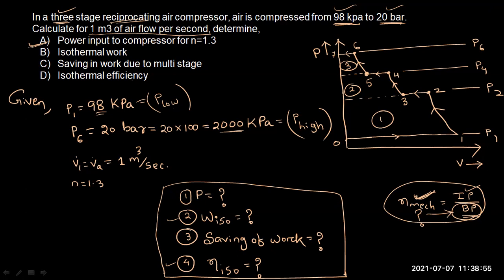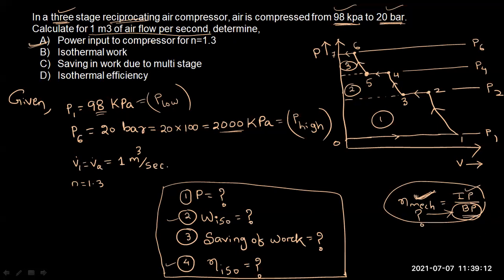Power output, exactly. This is actually the power output by the compressor. I think in that book they have written it wrongly. I have just copy pasted it, so that's why it went wrong. From this question you cannot calculate brake power. Why?